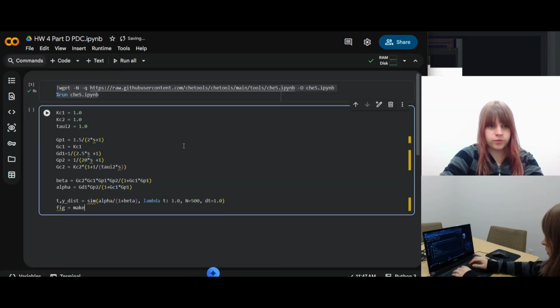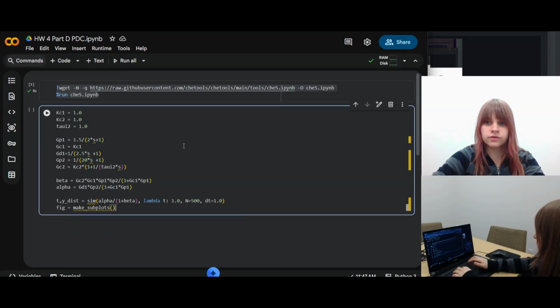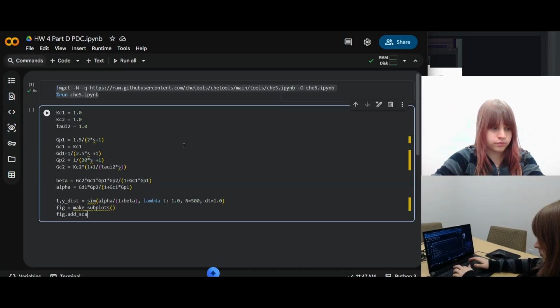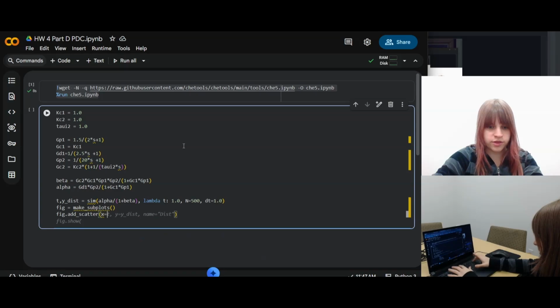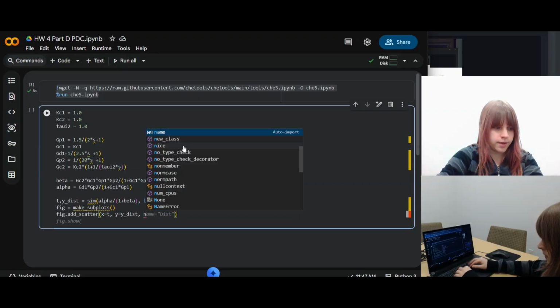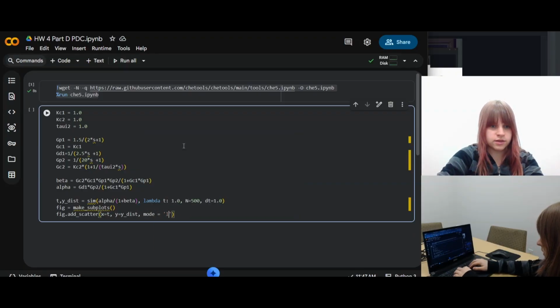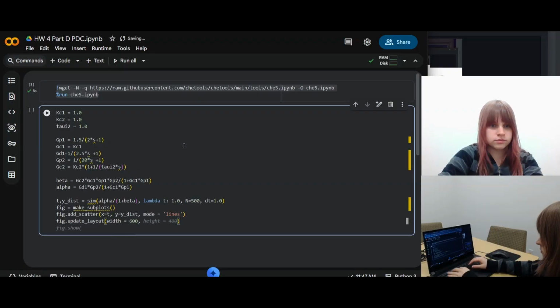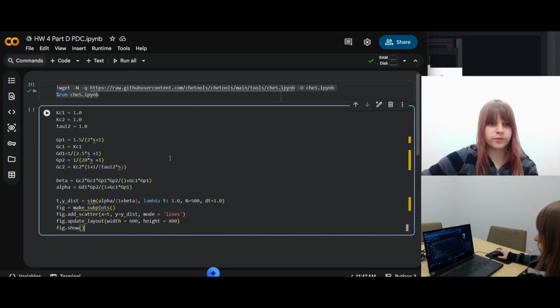We want to make our subplots, add a scatter with x is equal to t, y is equal to our y disturbance. Our mode is lines, and we're going to set a width and a height and show our figure.